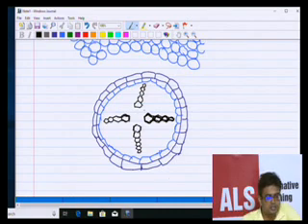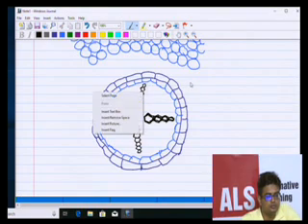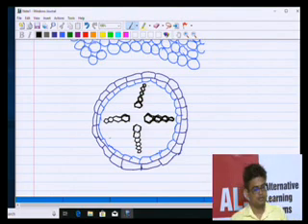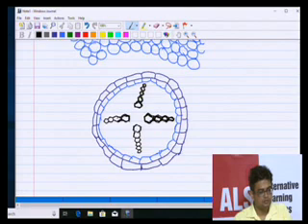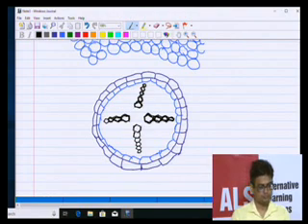Okay, central one is the metaxylem, the outer one is the protoxylem. Okay, like this. Like this. Like this.